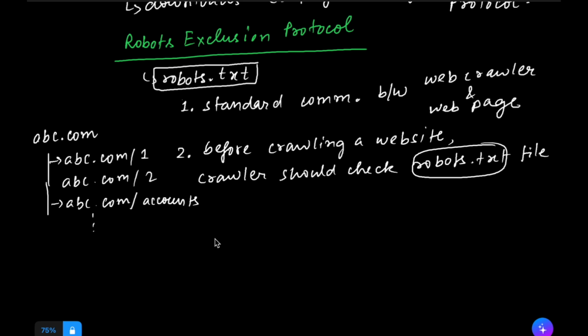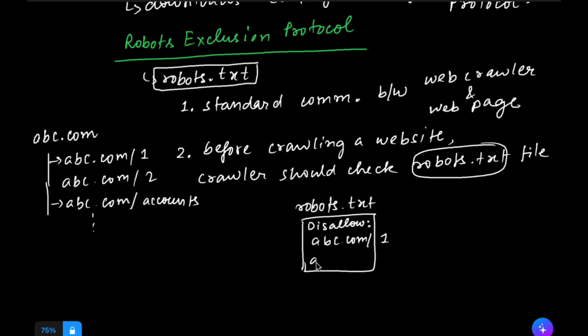And in my robots.txt file, I have certain rules, like disallow abc.com/1 and abc.com/2.